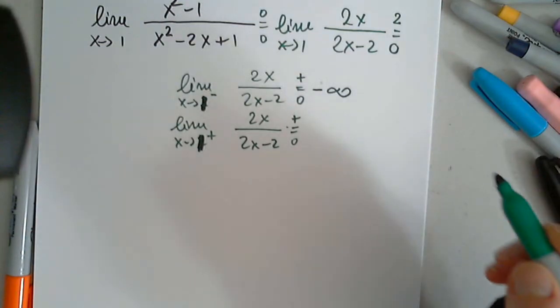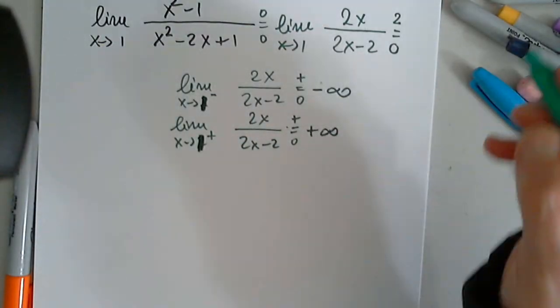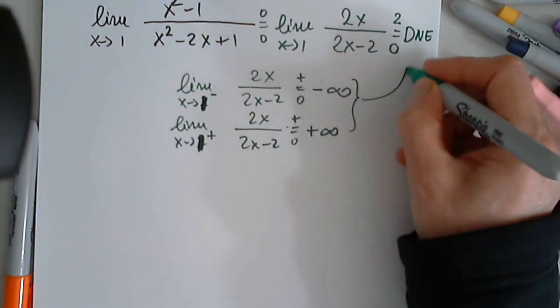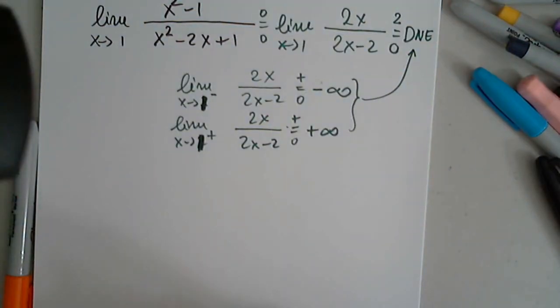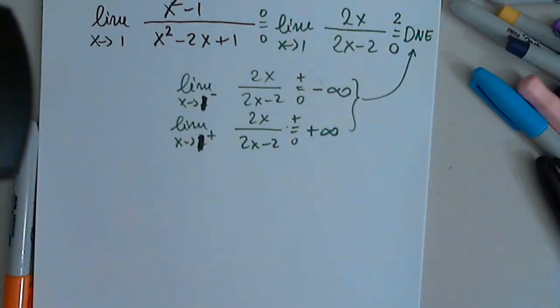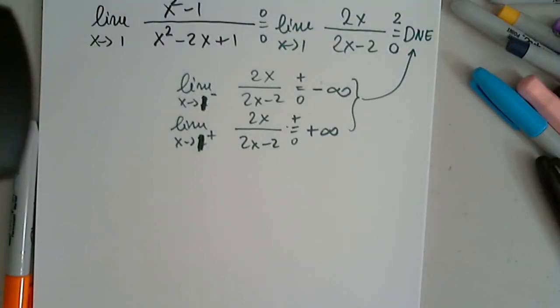Very good, thank you. And the other one with 1.1 will be positive. Therefore, I have to come back. Only now can I conclude that that is DNE. If it were 0 over 0 again, I would have had to apply L'Hopital's rule again, as many times as I encounter 0 over 0 or infinity over infinity.